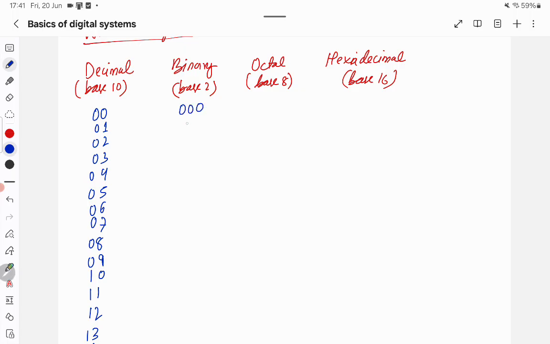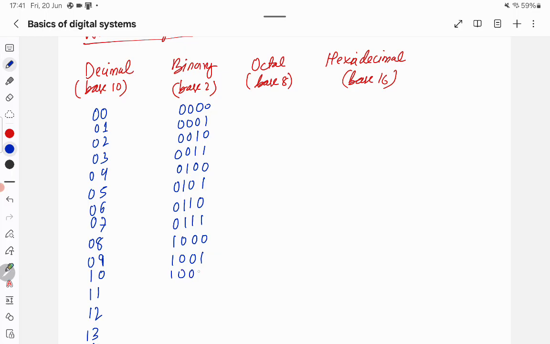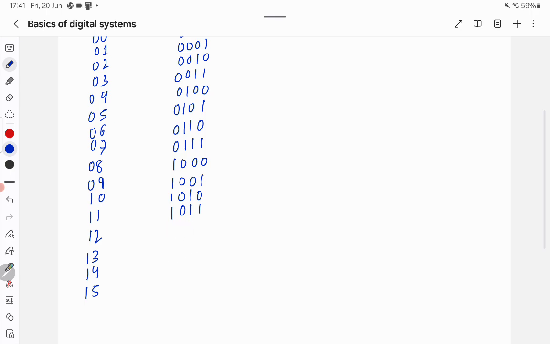You will write 0 as 0000, 1 as 0001, 2 as 0010, and 3 as 0011, and 4 as 0100, and 5 will be 0101, and 6 will be 0110, 7 will be 0111, 8 will be 1000, 9 will be 1001, 10 will be 1010, and 11 is 1011.